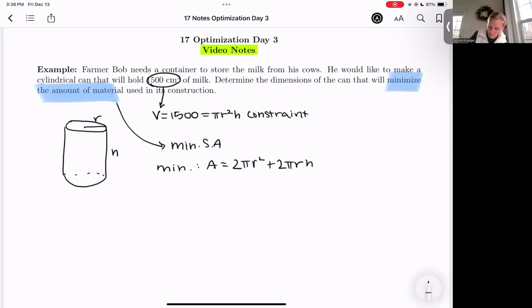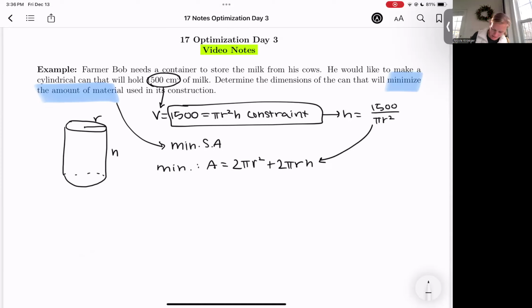So, as always, we're going to need to solve the constraint for one of the variables. I'm going to solve for h because r is being squared and will just be messier. So if I solve for h, I get 1,500 over pi r squared. And then I'm going to plug that in. This one is just kind of a messy looking problem, but is not going to be too terrible. 2 pi r times 1,500 over pi r squared.